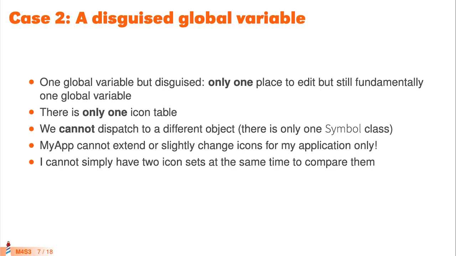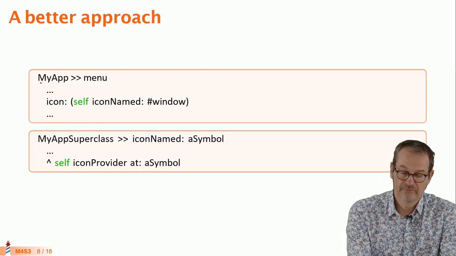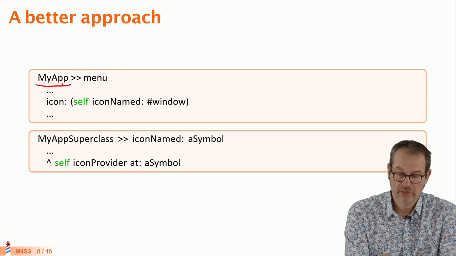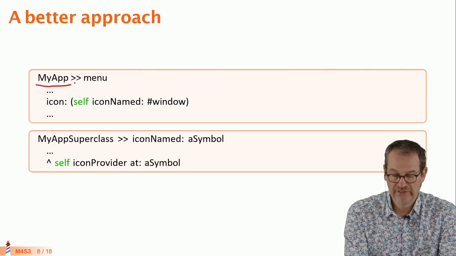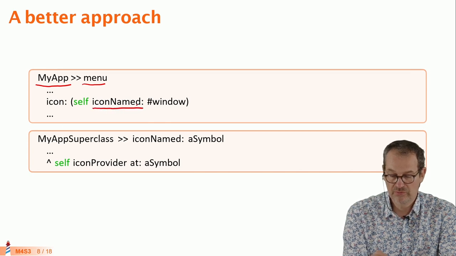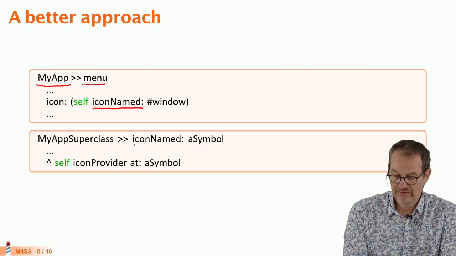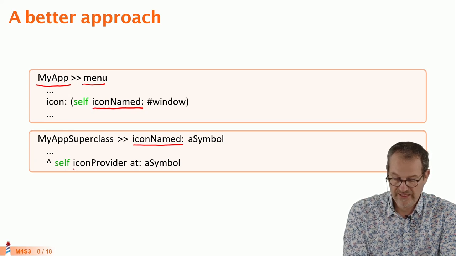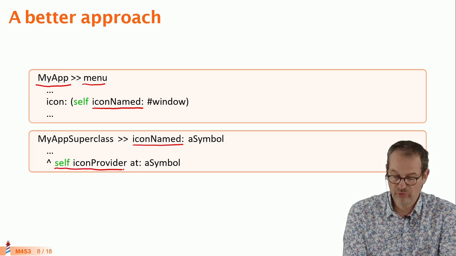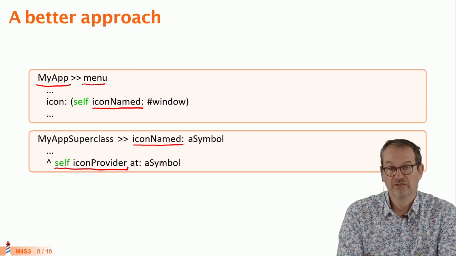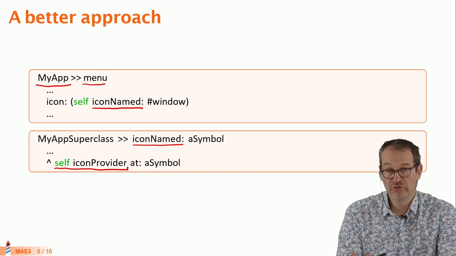So now you should wonder, what is the solution? A better approach is that the framework, here for example the application that is holding the menu, proposes a method called iconNamed that can be dispatched to this guy. And then this iconNamed method will just do some things, and it can say, oh, I have an icon provider, and I will ask the icon of this provider. Like that, every application can say, oh, I want to be configured with a different icon set, and manage that.